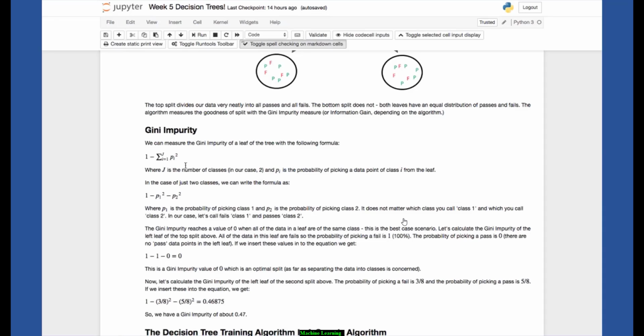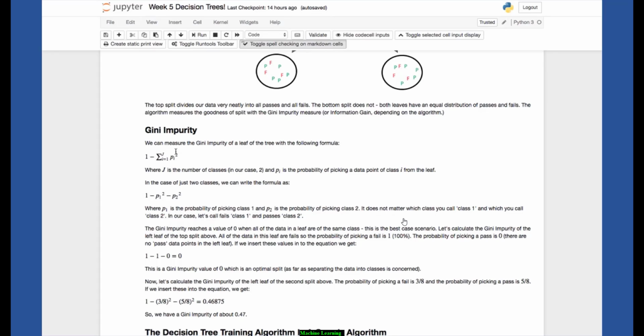So how do you calculate the Gini impurity? Well, here's the formula. It's 1 minus the sum of the squared probabilities of selecting a data point for each class from the leaf. So we're going to step through this. First of all, we only have 2 classes, so we can actually write this equation in a simpler format.